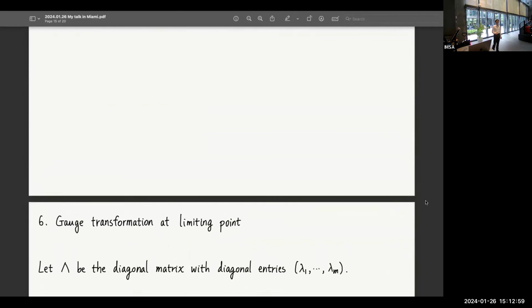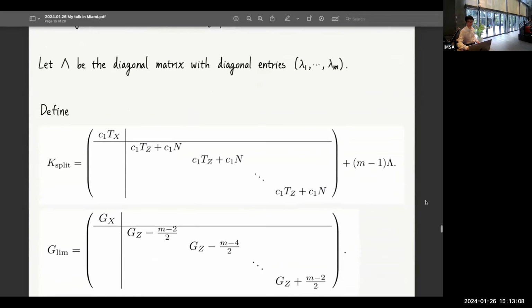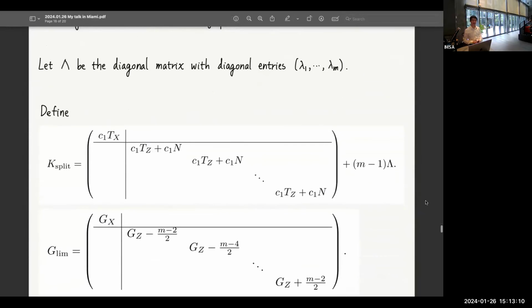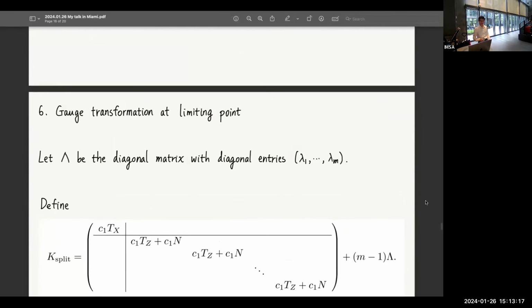Let lambda be a diagonal matrix with diagonal entries given by lambda 1 to lambda n. And then we introduce, first, the corresponding K operator for the blow-up, for the X and Z.